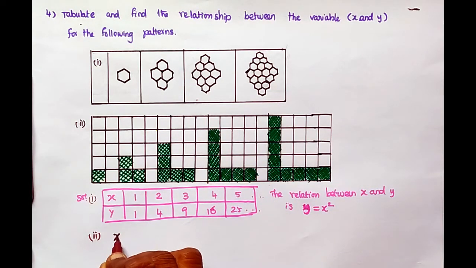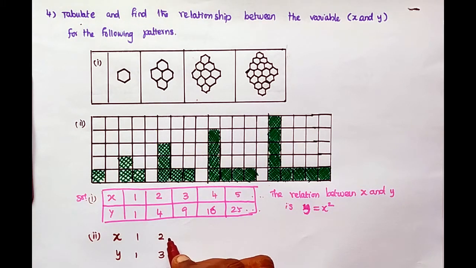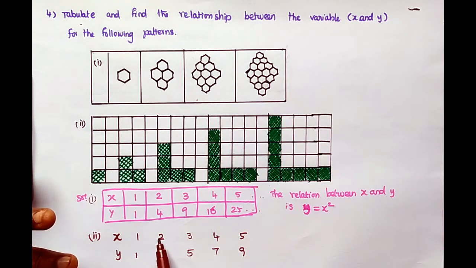So listen, x equal to 1, y equal to 1, x equal to 2 means second term, that is here 3, and 3 here 5, 4 here 7, 5 here 9.